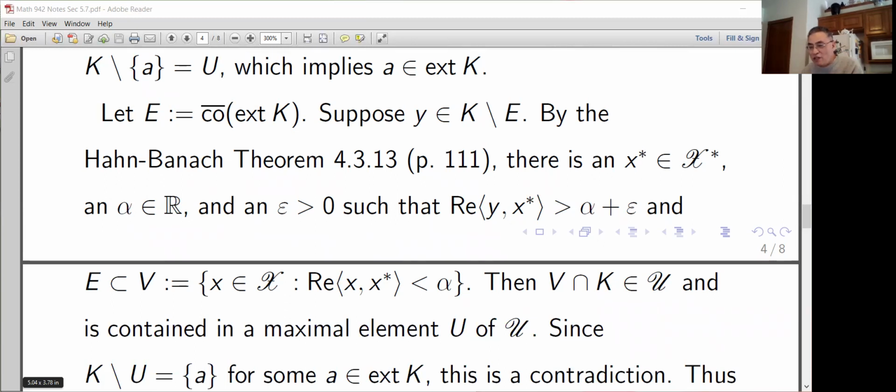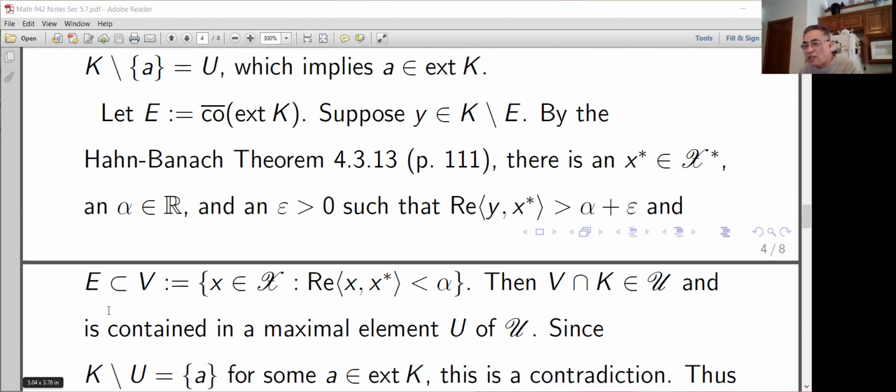This is a contradiction. Why is it a contradiction? Because this V is supposed to contain all extreme points. V contains E, and U is a maximum, so U contains this set.